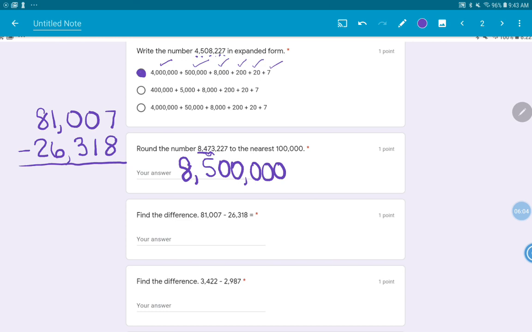Alright, so what do I need to do first when I subtract, Ansley? You need to look at the ones. And what do you notice about the ones? You can't do 7 minus 8. So I have 7 ones, and I need to take 8 away. Owen, can I do that?